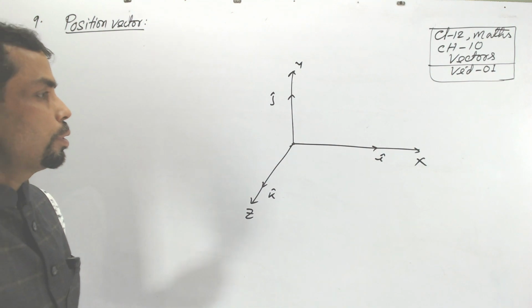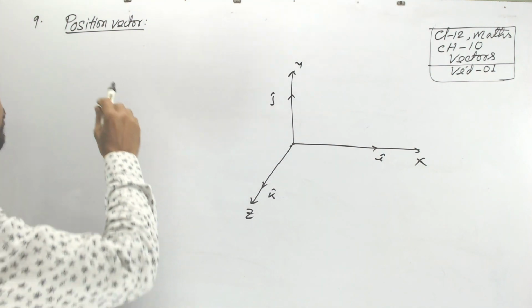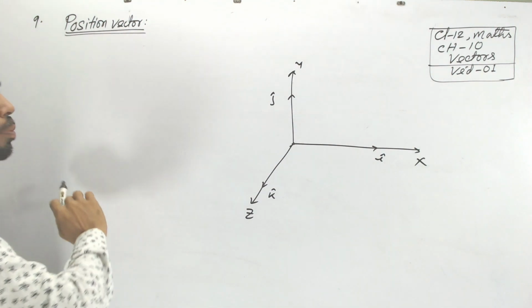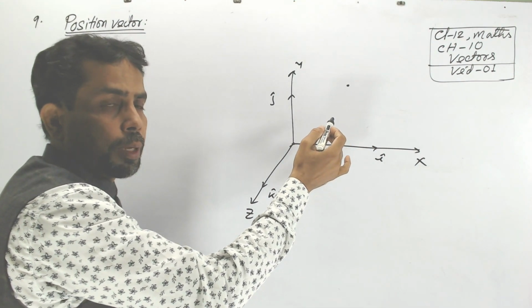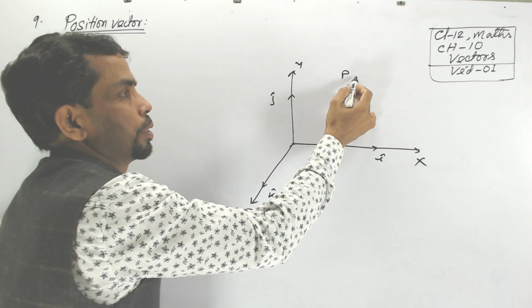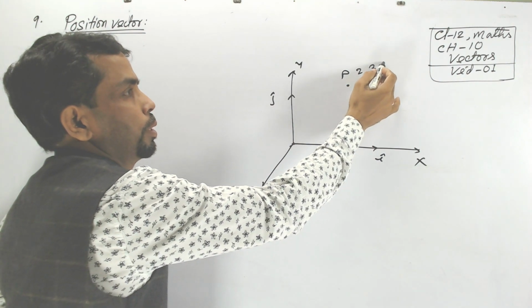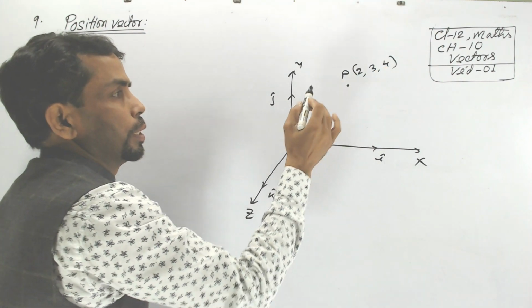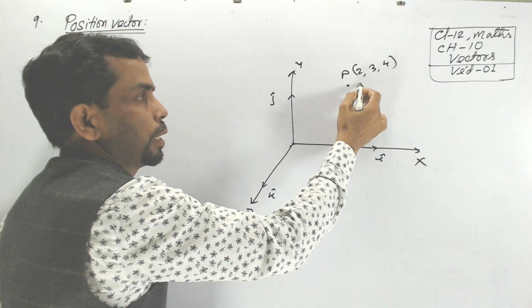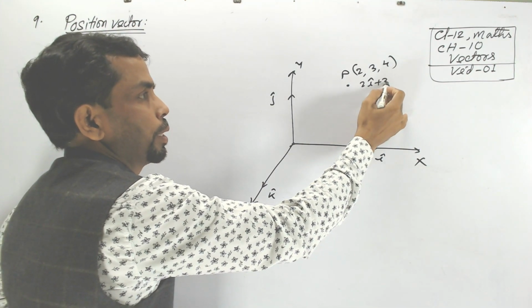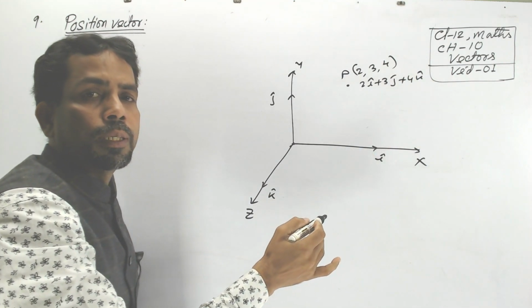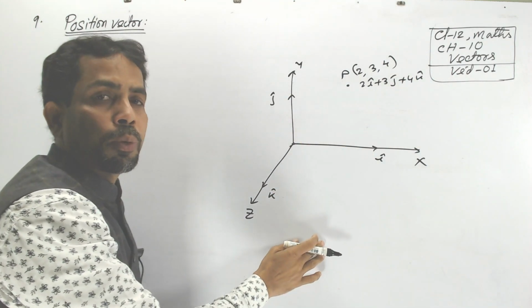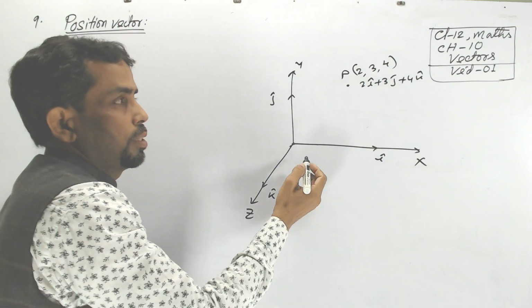The next point is about position vector. Any point which we have learned in coordinate geometry, say point P is 2, 3, 4, we can also write in vector form as 2i plus 3j plus 4k. That means every point can be written in vector form, and that vector is called the position vector. What is the physical significance?